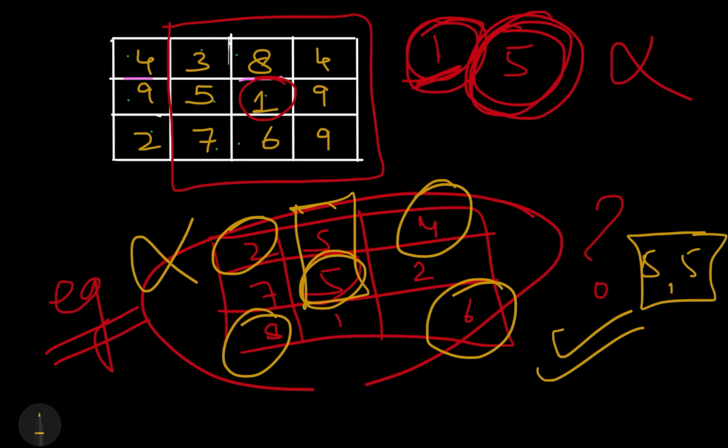Now let's code it. How will we write it in code? Let's check that quickly. So first, what do we have to check? We have to check the grid size. Suppose we take a variable int rows equal to grid length.